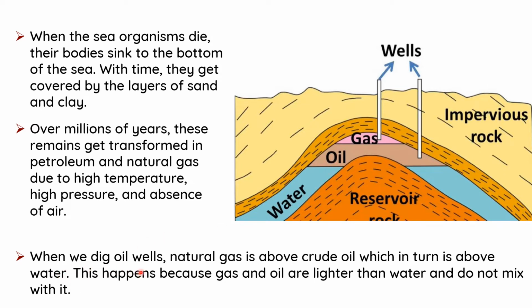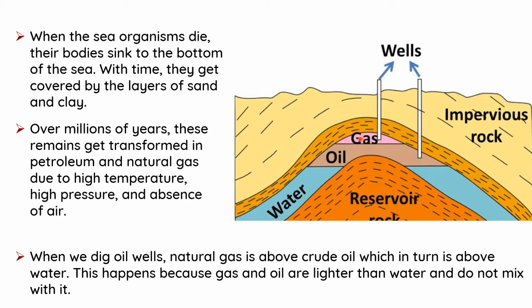When we dig oil wells, natural gas is above crude oil, which in turn is above water. In the picture it is very clear. This happens because gas and oil are lighter than water and do not mix with it.